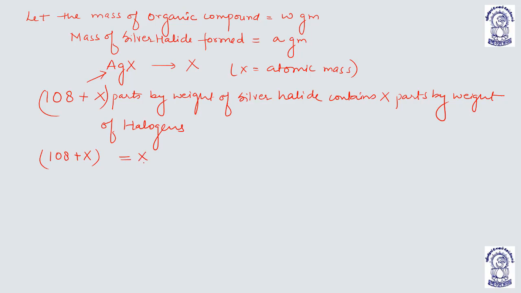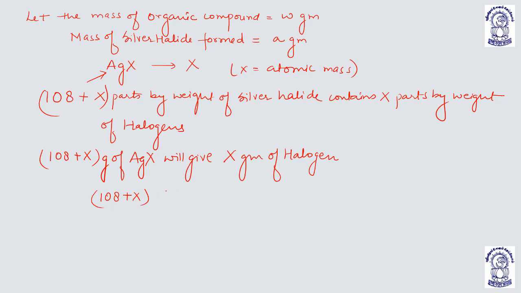Now 108 plus x grams of silver halide will give x grams of halogen.